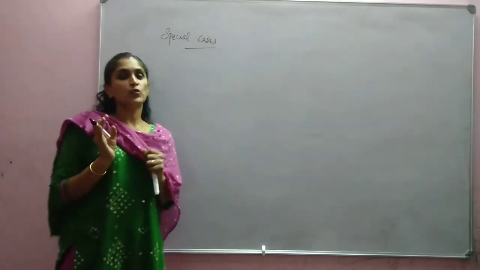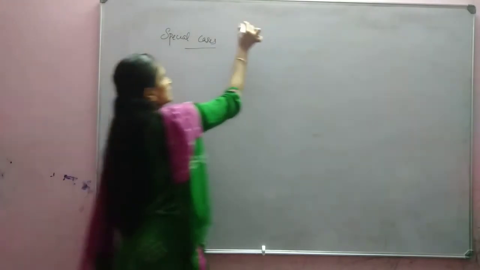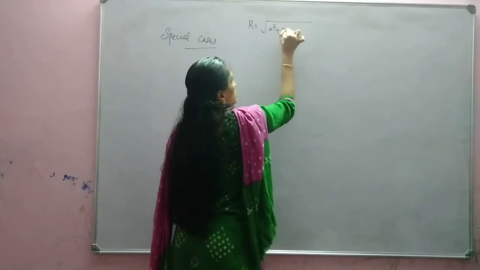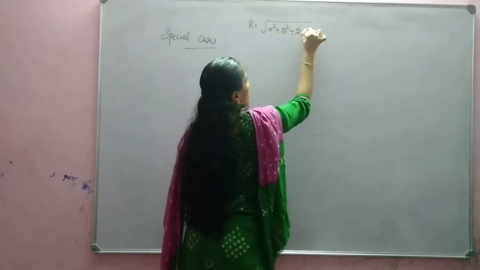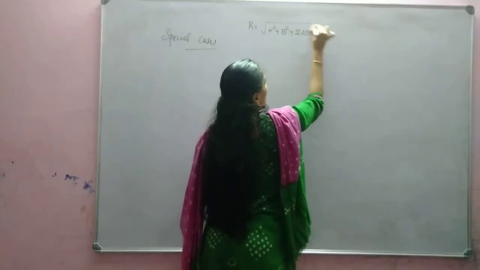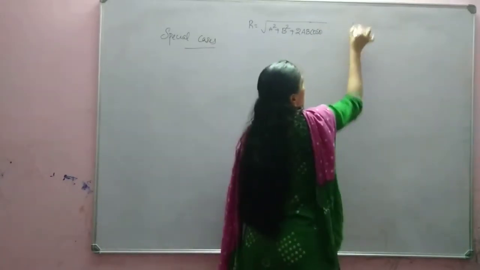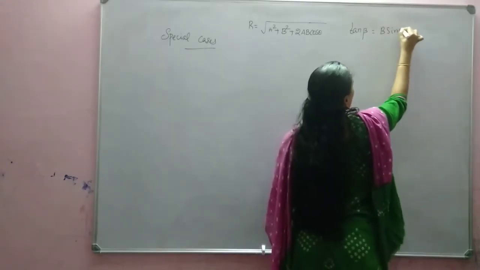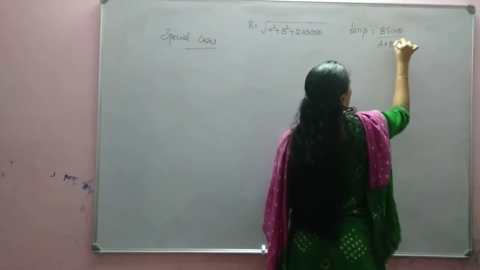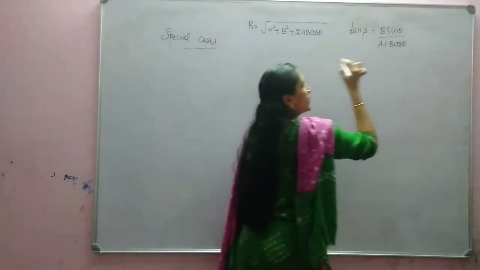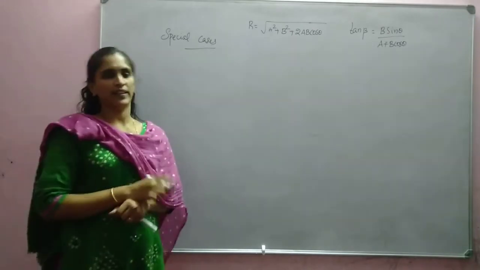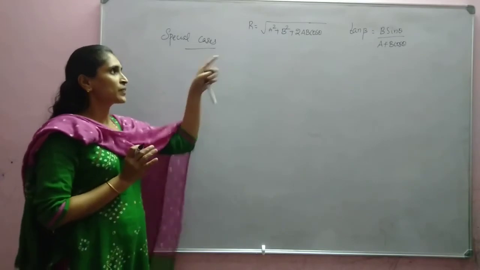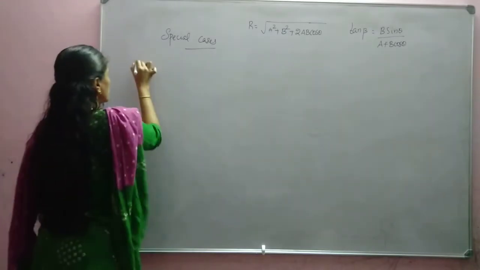Already we got the result: R is equal to root of A square plus B square plus 2AB cos theta, and tan beta is given by B sin theta divided by A plus B cos theta, where beta is the angle made with the vector A. Okay, is it clear? Now we are considering special cases of this. Which are the special cases? First case: if theta is equal to 0 degrees.